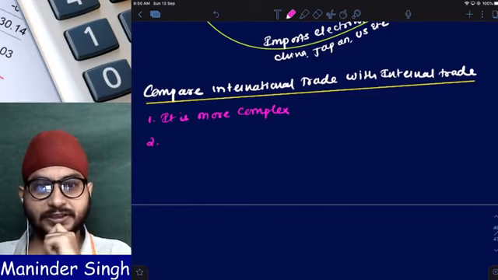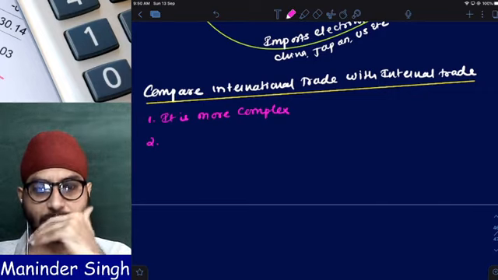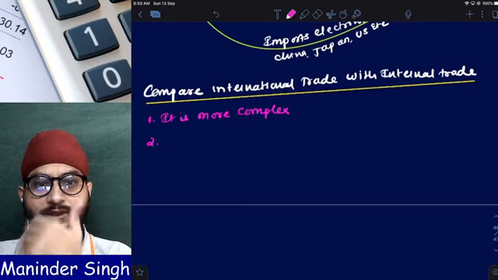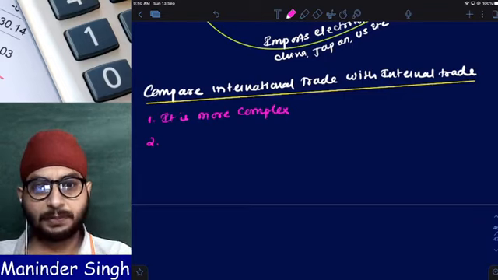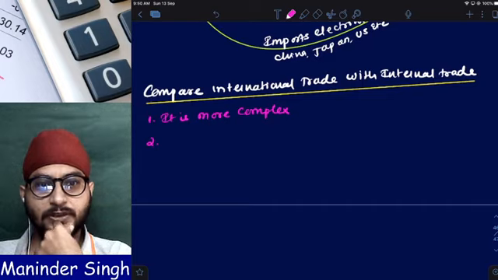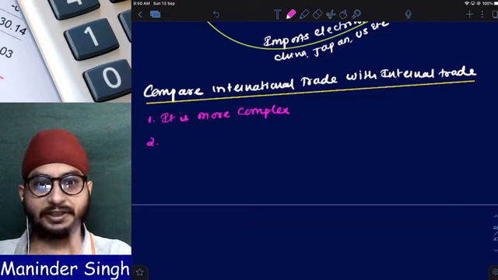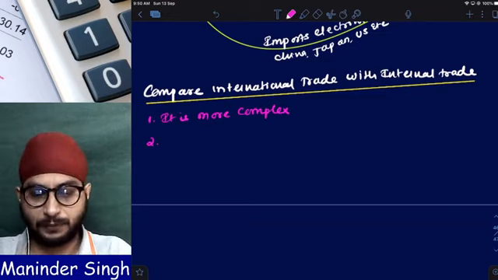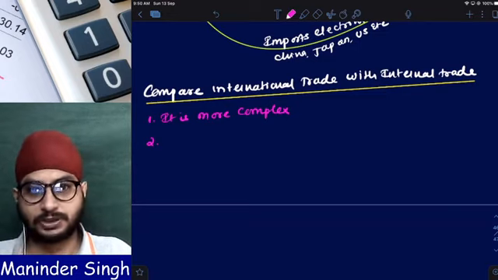Different. In India, customers are price conscious; in the US, quality conscious; in Japan, technology conscious. So every country has different types of customers.